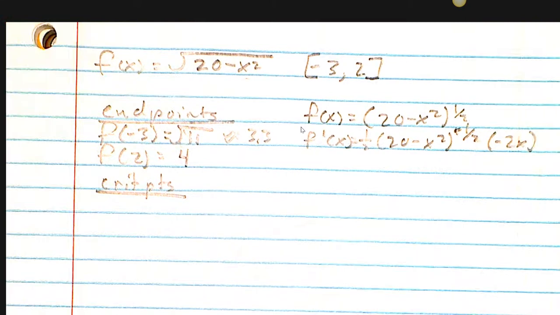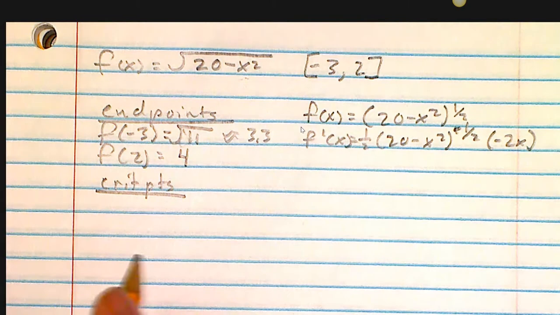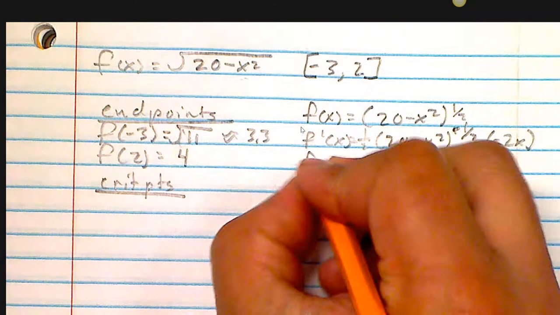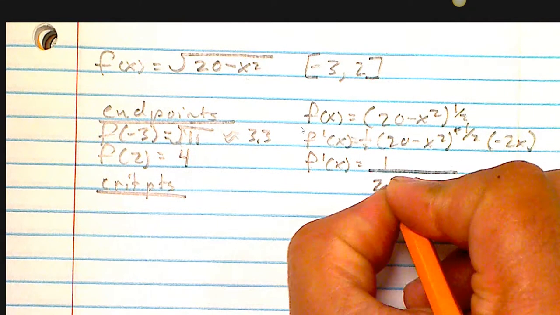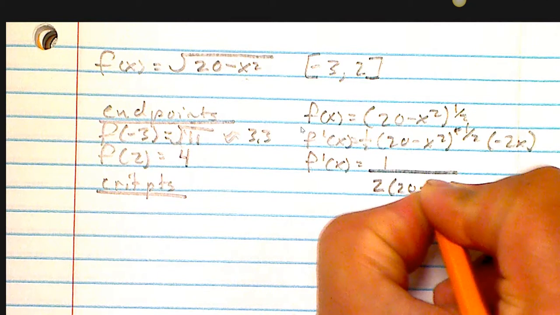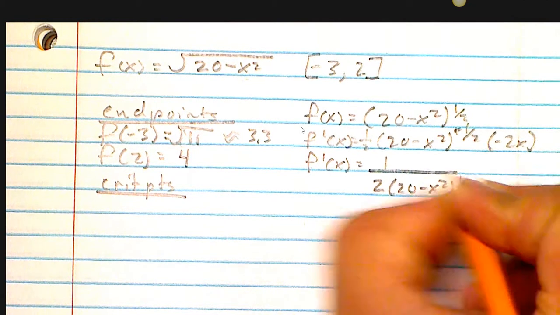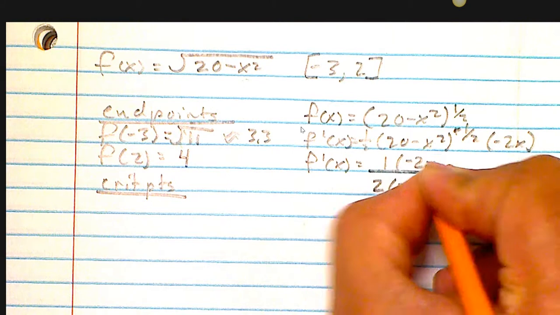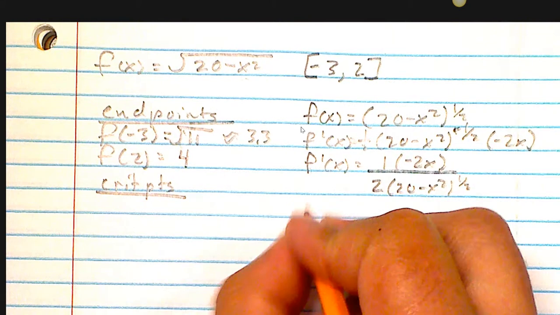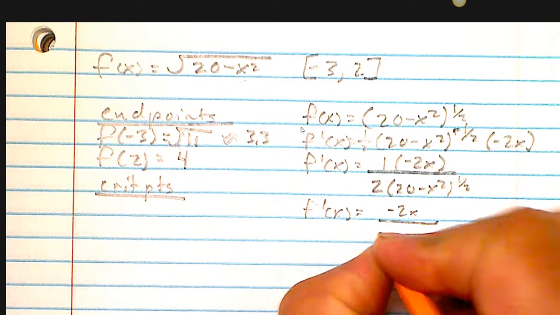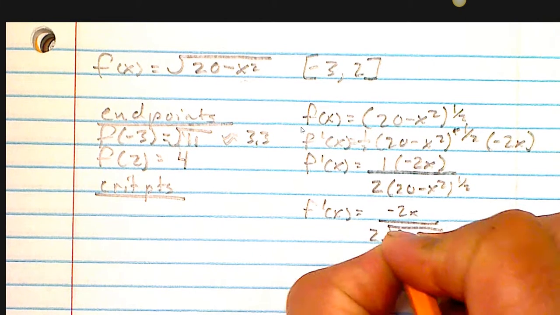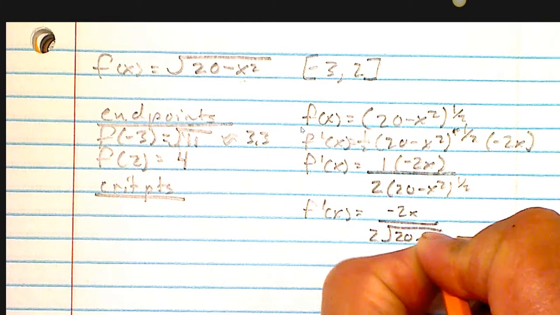So there you got your derivative. Let's write it nicely. F prime of x equals negative 2x over 2 square root 20 minus x squared.